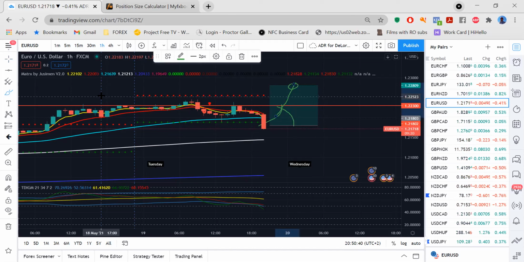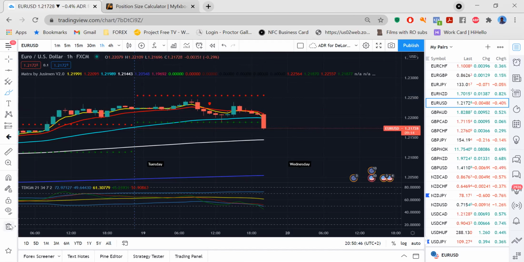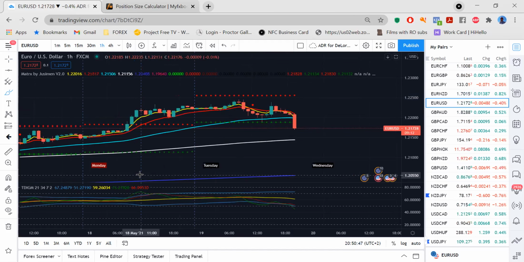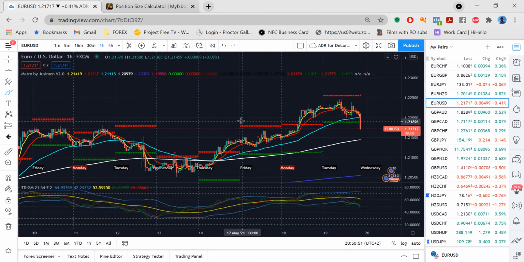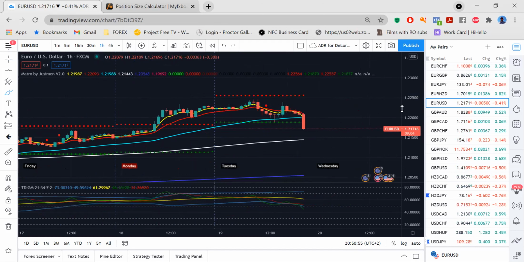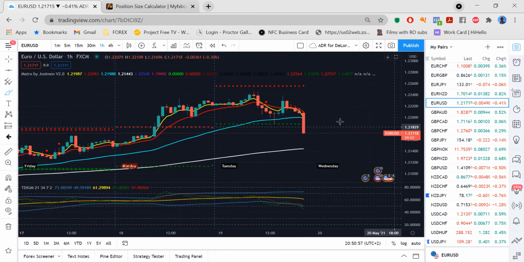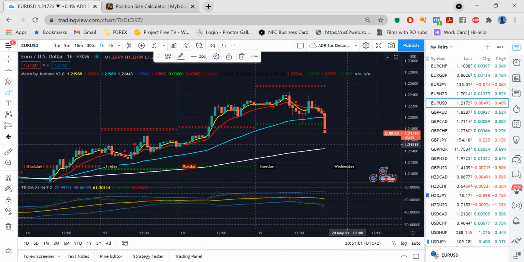Now, other things you can use with TradingView. I mean, believe me, guys, this is the Lamborghini of market analytics. Okay, there's nothing, in my opinion, there's nothing better than this. The reason I don't have Metatrader on my desktop is because the user interface makes my eyes bleed, whereas TradingView is much better.